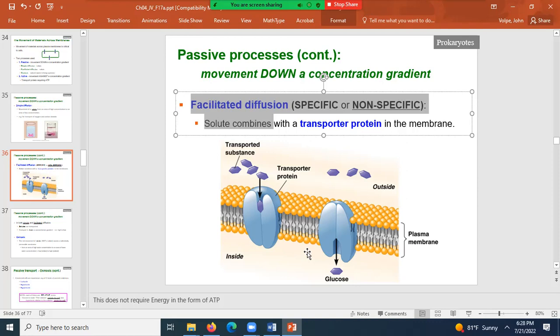Glucose doesn't quite move into your cell this way. It moves into your cell this way only when the concentration of the glucose is higher outside the cell than inside the cell. So glucose moves into the cell by facilitated diffusion only when the glucose is higher outside the cell than inside the cell.